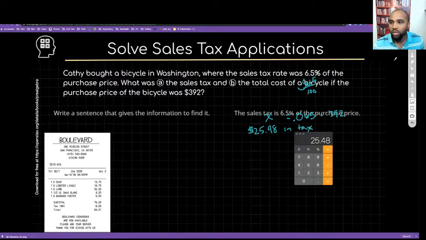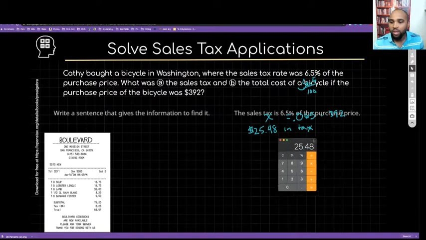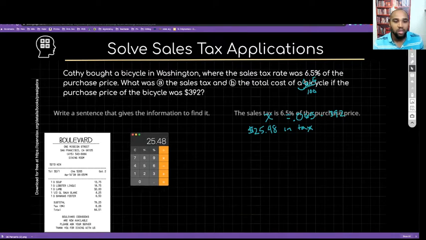So what's the total we're going to spend? In order to find that, it should be easy because we're just going to add the tax to the cost of the bike. So we know that it was $392, and we're going to add the cost of the bike and the taxes as well. Again, I'm going to use my calculator for this because we've already discussed how to add decimals.